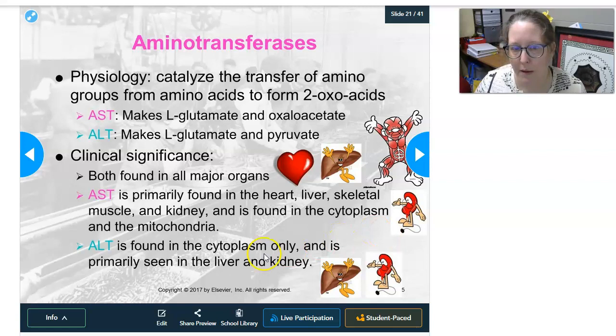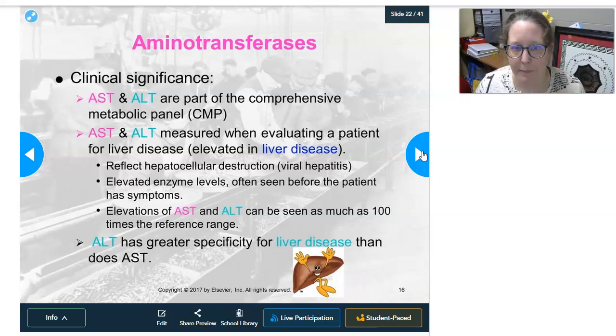So, for example, being both present in the liver, if you have liver injury, then you would expect both AST and ALT to be elevated. But if you had a heart injury, you would expect AST to be elevated because it's present in the heart, but ALT to be normal.